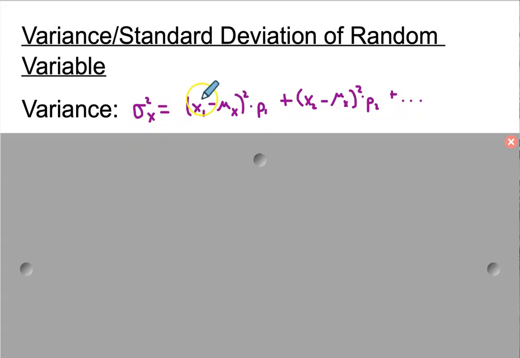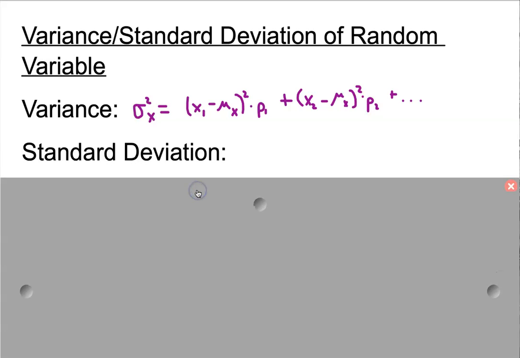All right, so the idea is I'm measuring how far each value is from the mean. The reason we're squaring it is because sometimes when I measure this difference, it's going to be negative, sometimes positive. I don't really care if it's positive or negative, or whether it's less than or greater than the mean. I just want to know how far it is. That's why we do the squaring, and that's why this is variance and not standard deviation.